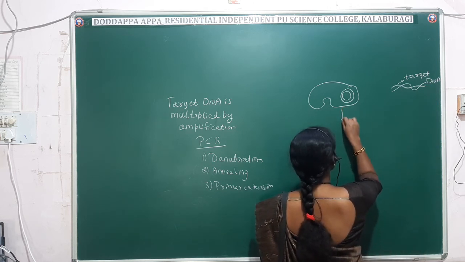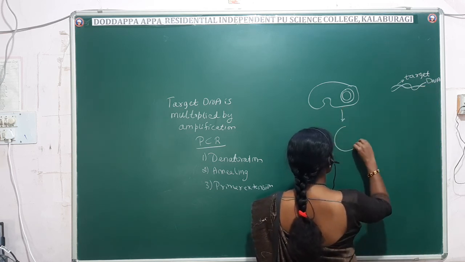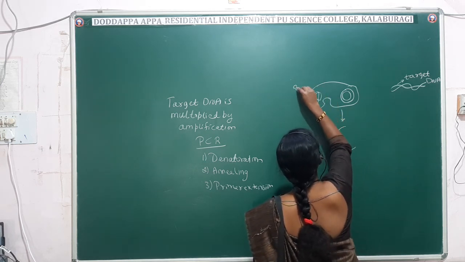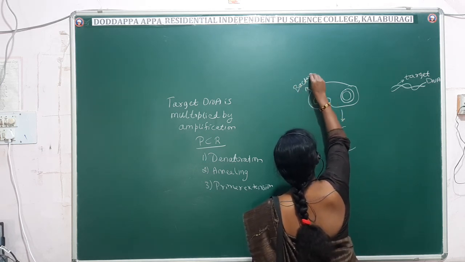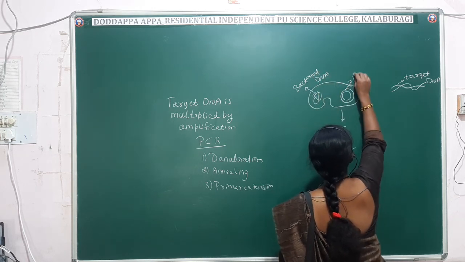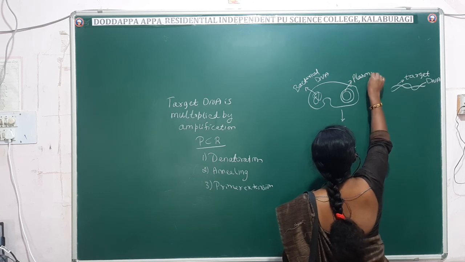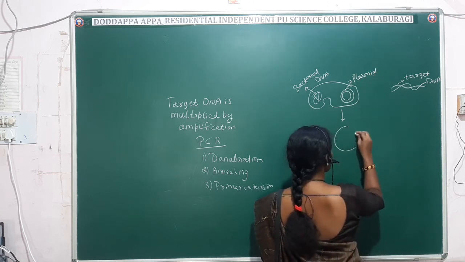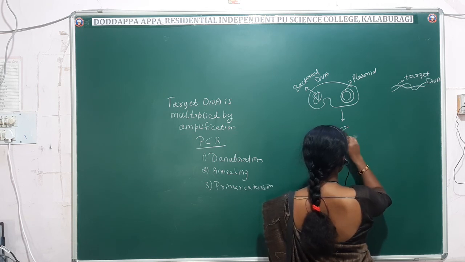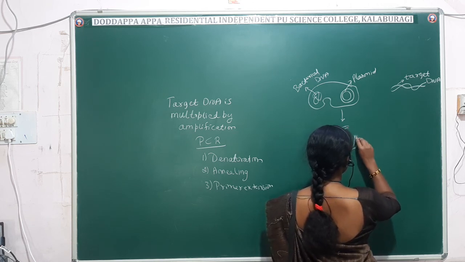So we are going to see the extraction of the plasmid from the bacteria. This is the bacterial DNA, and this is the plasmid. Here we are going to see the extraction of the DNA.